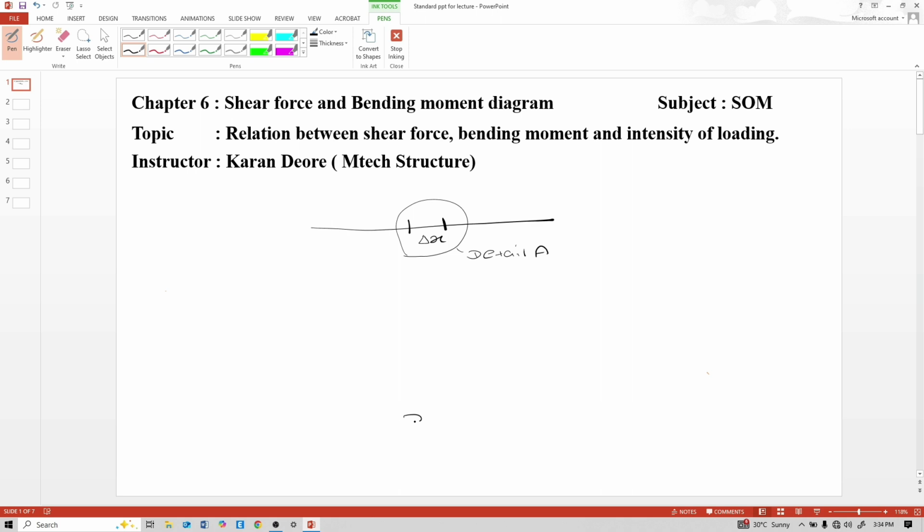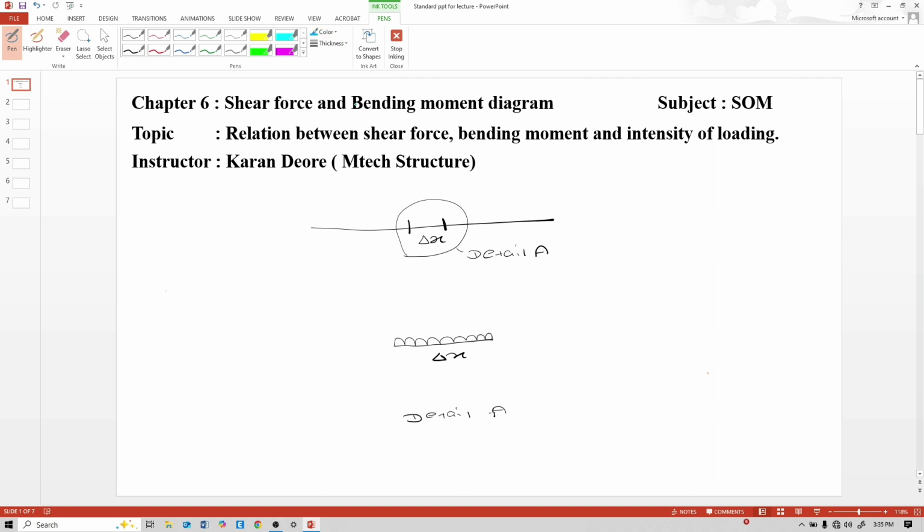And draw detail A bottom. So, this is delta x, a small element of that whole beam, and consider that this element has a transversely acting uniformly distributed load along the delta x length.